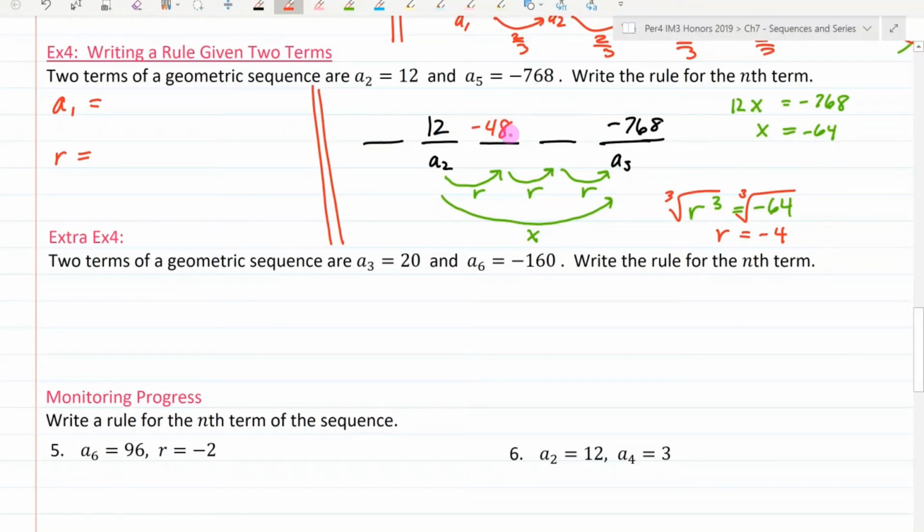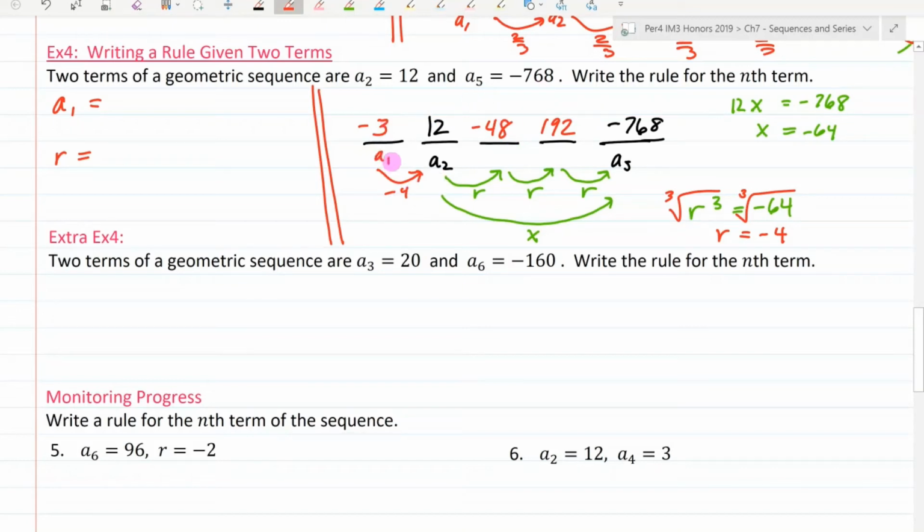And then negative 48 times negative 4 is, I believe, 192. I'm trying to do that in my head really quick. So 160 and 32. And then if you divide by negative 4, when you come back, that's negative 3, because on the way there, we're multiplying by negative 4. So it means on the way back, you're dividing by negative 4.